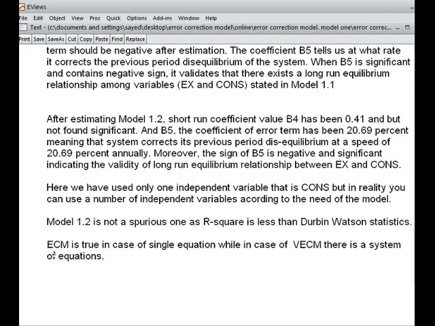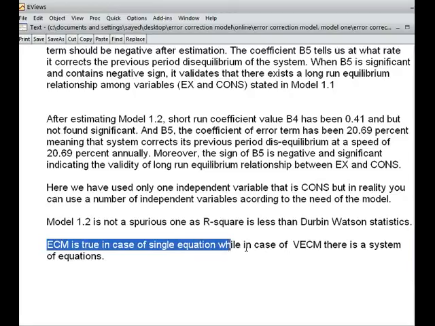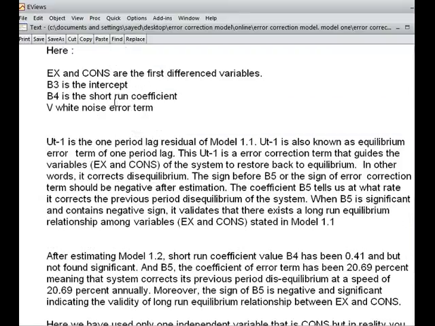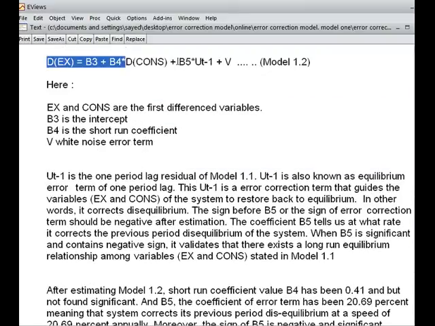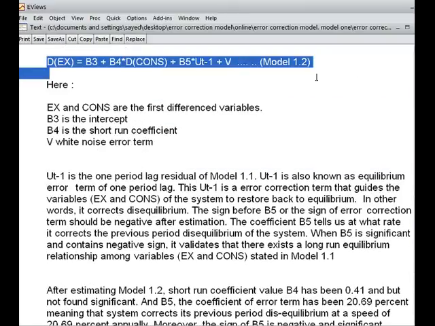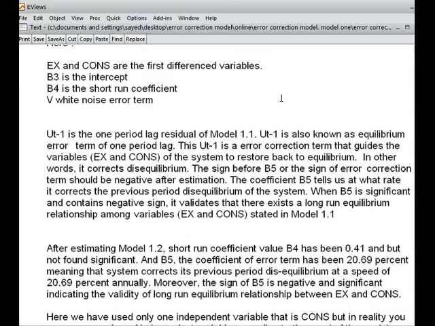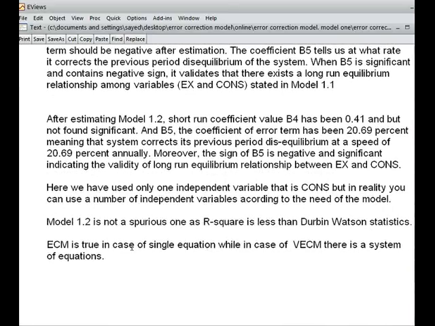This model, which I call the ECM, error correction model, is used in the case of a single equation model, one-way model. But what is VECM?